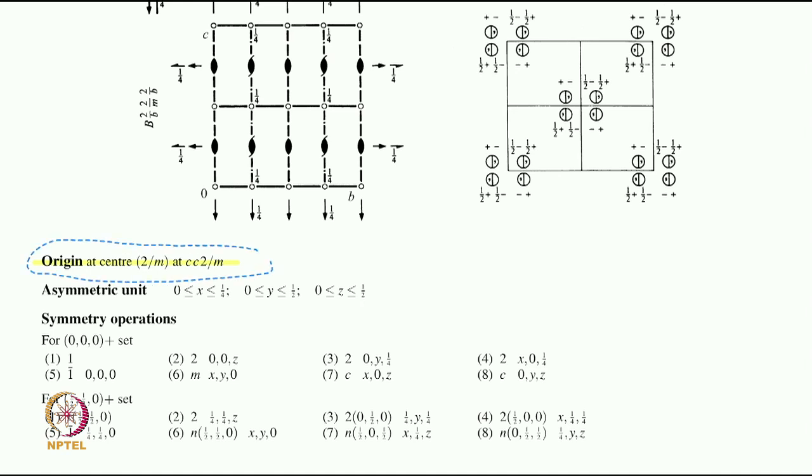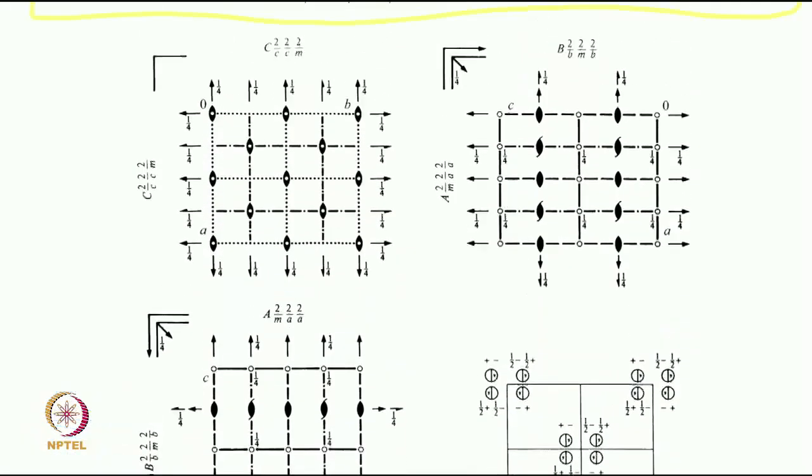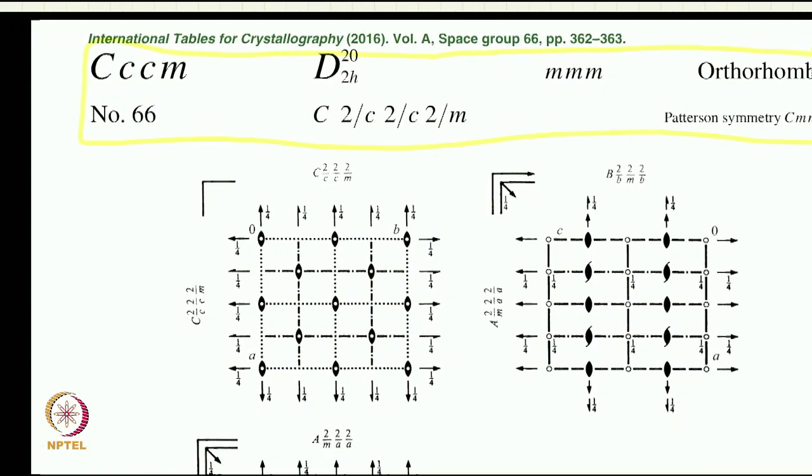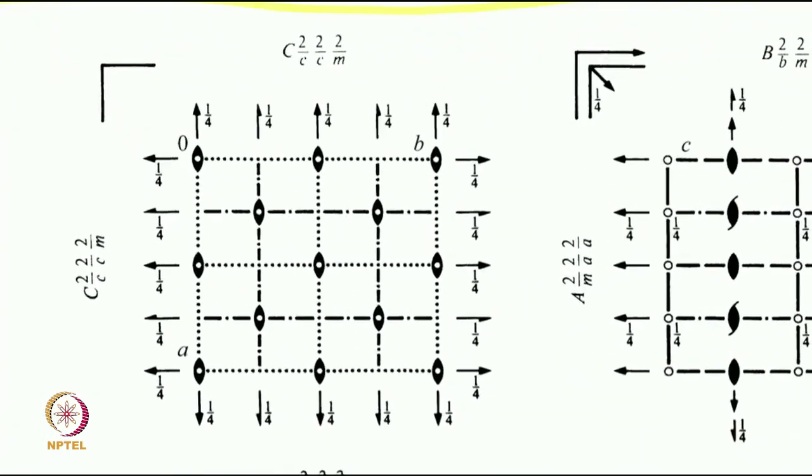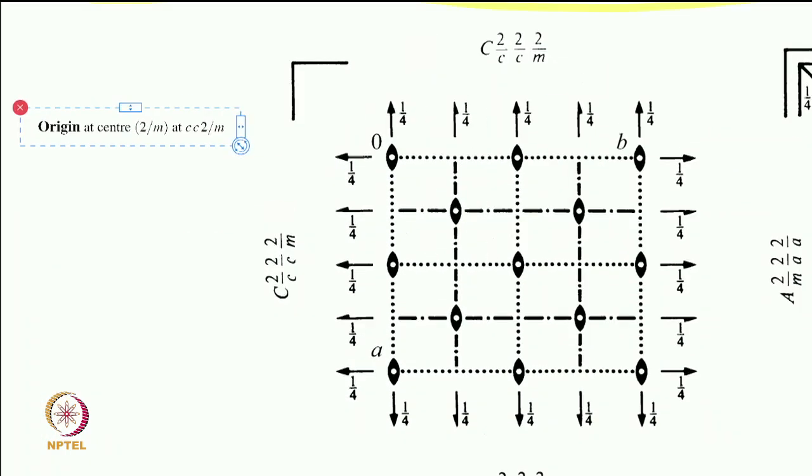So, let me just copy this origin statement and paste it here for quick reference. Here I have pasted the origin at center description, and we will try to relate it to the symmetry diagram shown here.